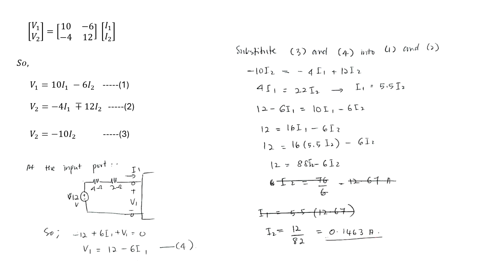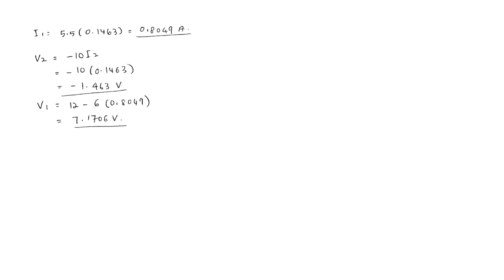That is the fourth equation. Now that you've got 4 equations, you can substitute and get the values. I2 is equal to 0.1463 amps, and you get the remaining values for I1, V2, and V1.